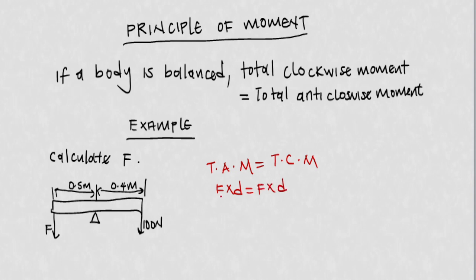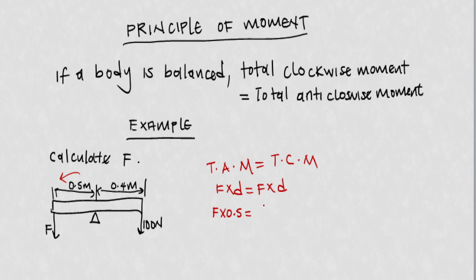So what is the moment on the anti-clockwise? We start with the force. The force we don't have, we have F. Then on the anti-clockwise side we have the distance, which is 0.5.